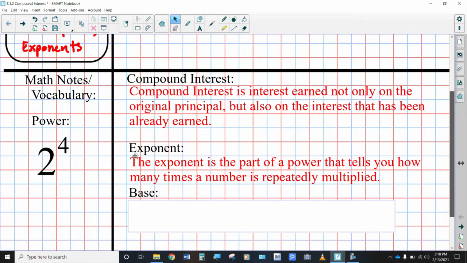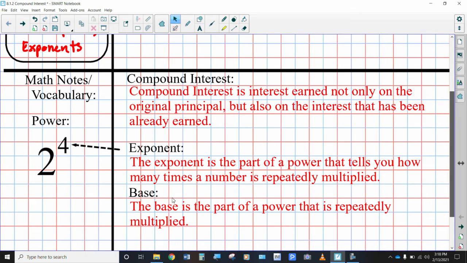The exponent is the part of the power that tells you how many times a number is being multiplied. So this right here would be your exponent, the number 4. And the base simply is the number that's being repeatedly multiplied. So the base would be the 2.